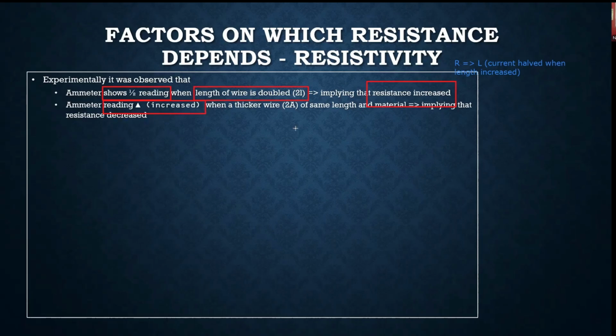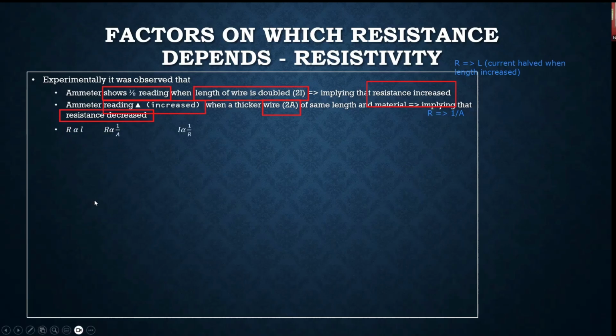But this time, when the thickness was doubled, the current increased. Current increased when resistance is decreased, right? What it means? Resistance is inversely proportional to area. It is 1 by A. This is what they found experimentally.